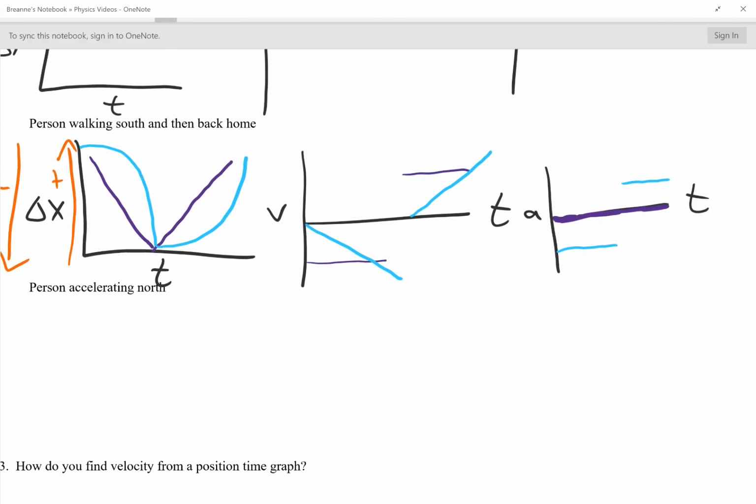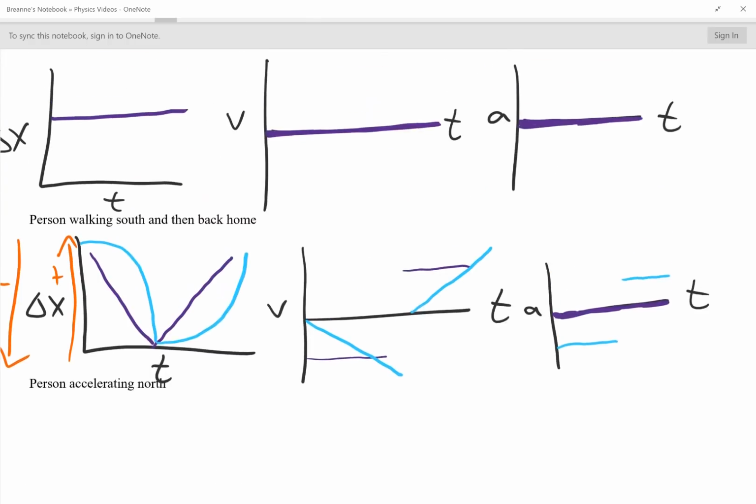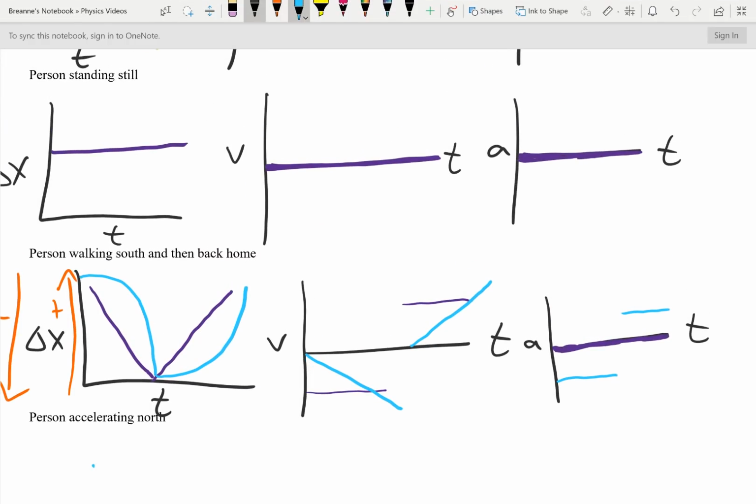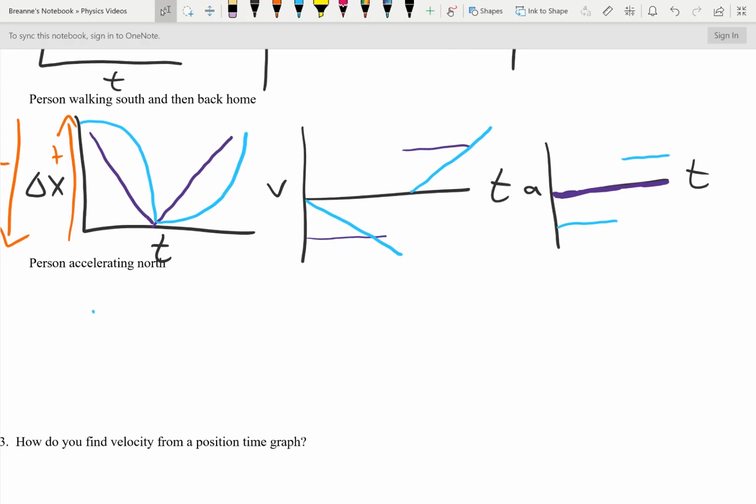For accelerating north, you have your displacement time graph again. You have a velocity time graph.